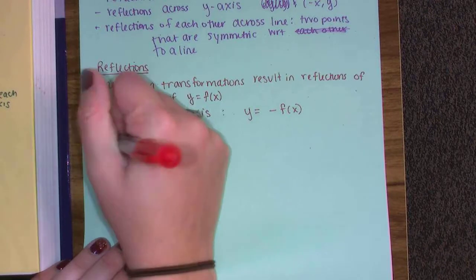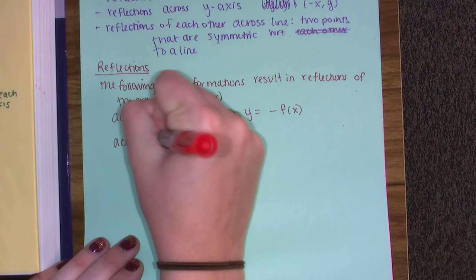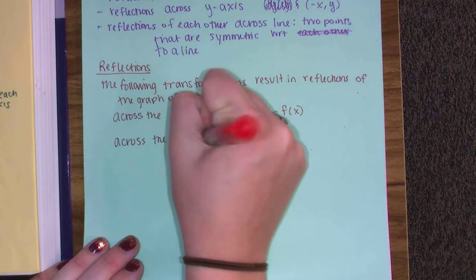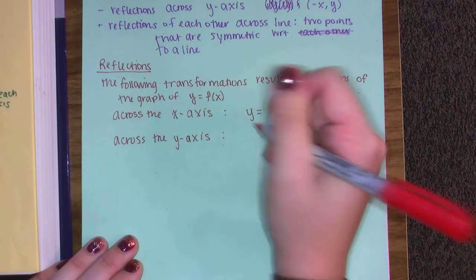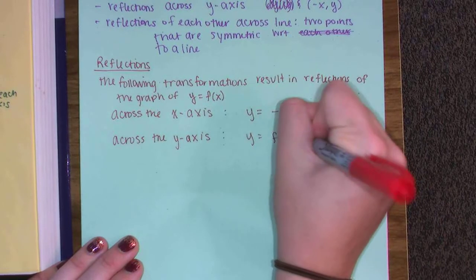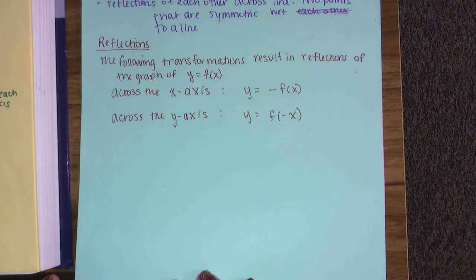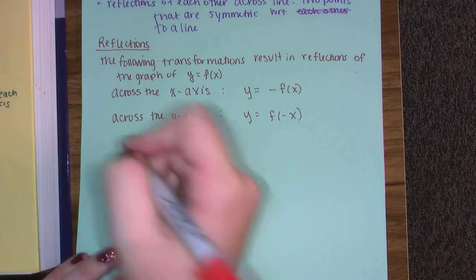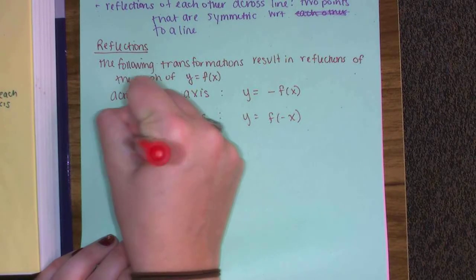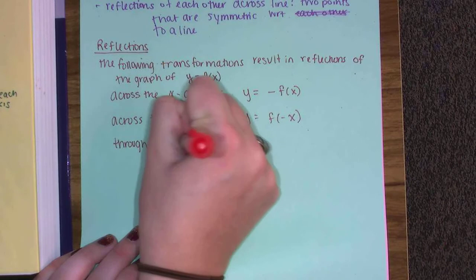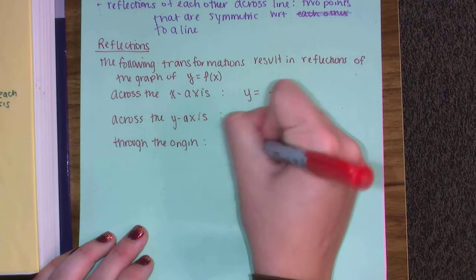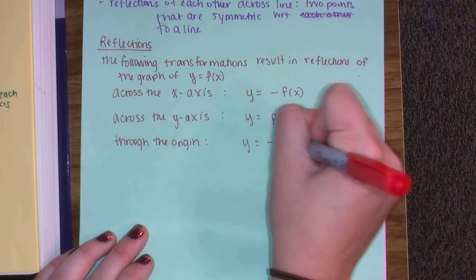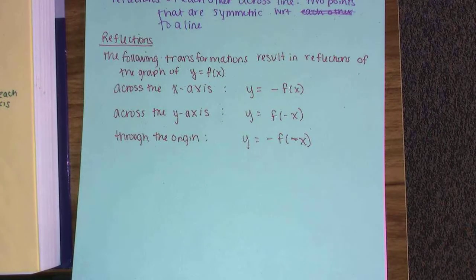Across the y-axis, y equals f of negative x. And through the origin, y equals negative f of negative x. There's three, and then there's just one more little sentence I'm going to write.